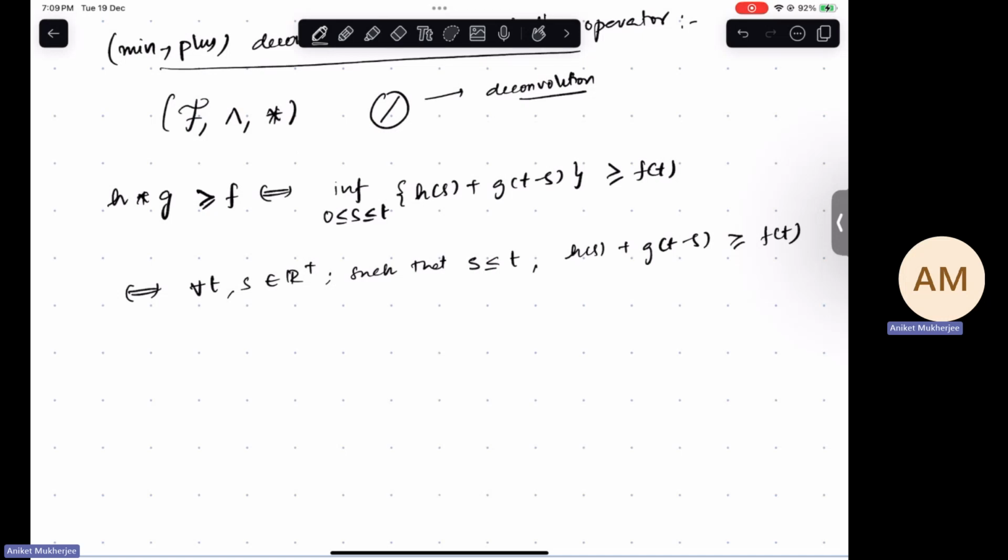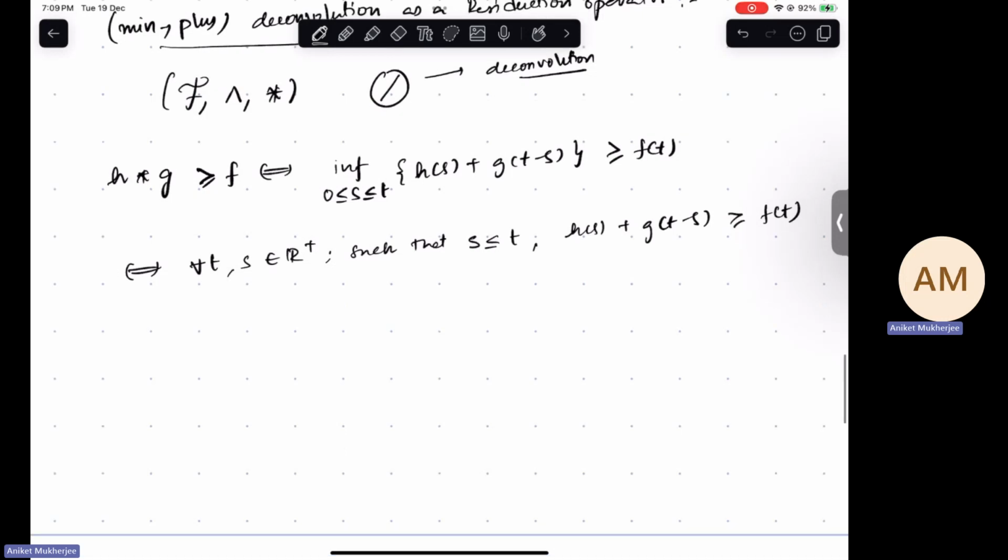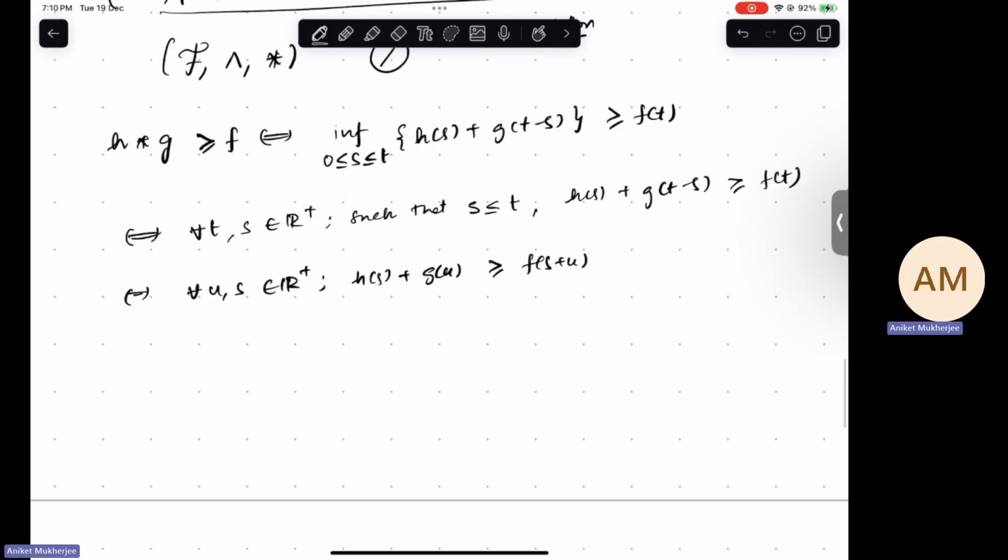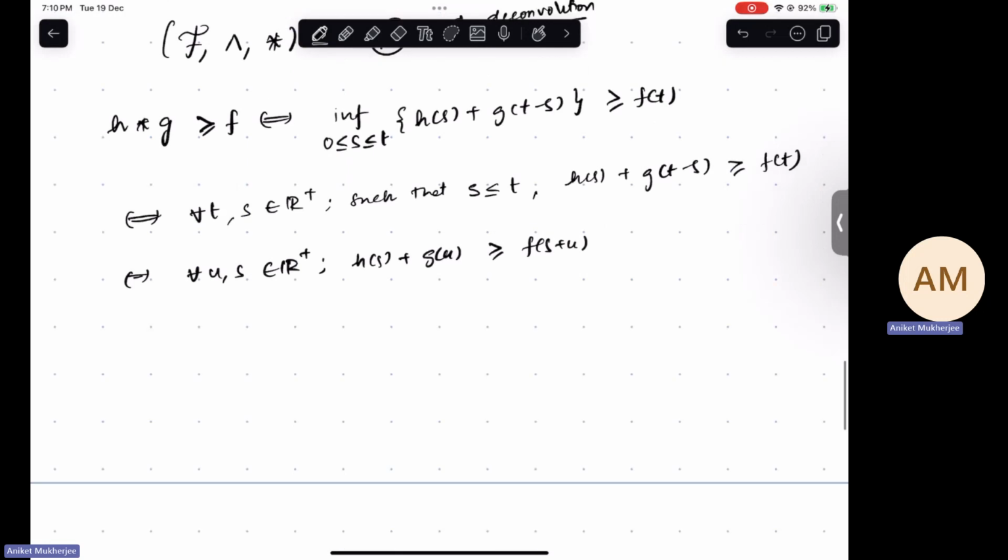So for all T, the inequality holds. And then for all U, S belonging to R plus, we have H(S) plus G(U) greater than or equal to F(S plus U). So now we are taking T as S plus U, making a change of arguments which doesn't affect the inequality.